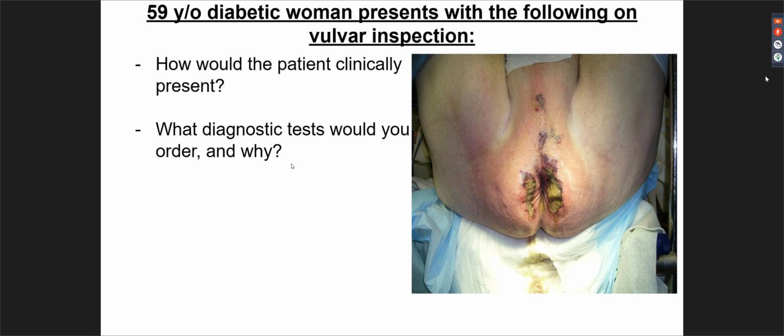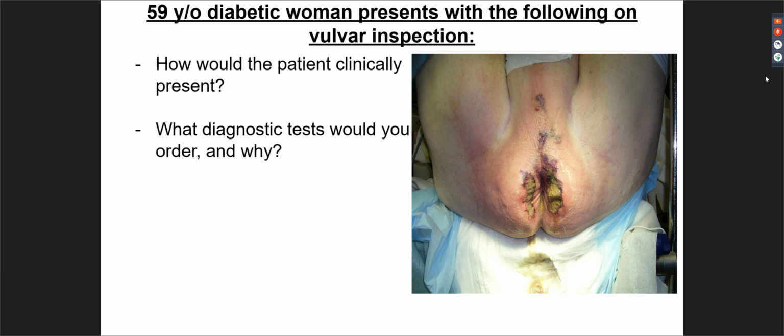What diagnostic tests would you order and why? So in this patient, when I'm initially seeing her, I would want to get a CBC with differential. Especially depending on her vitals, if she's febrile, I would want to get possibly blood cultures. I would want to get a culture of the lesions as well.